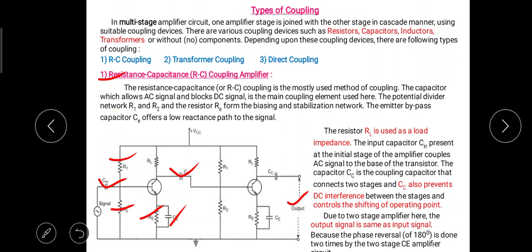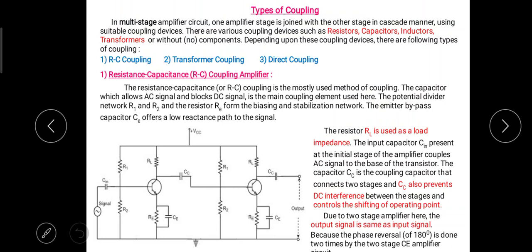One more thing, here we have used two-stage CE amplifiers.